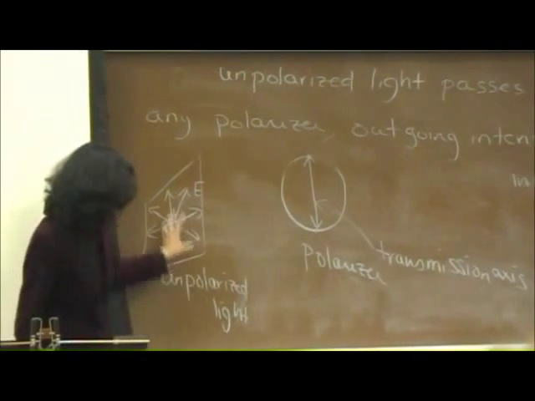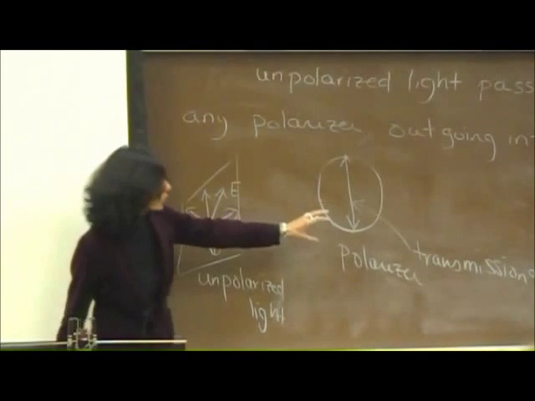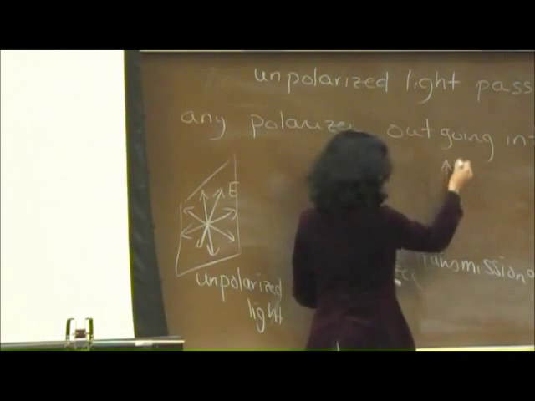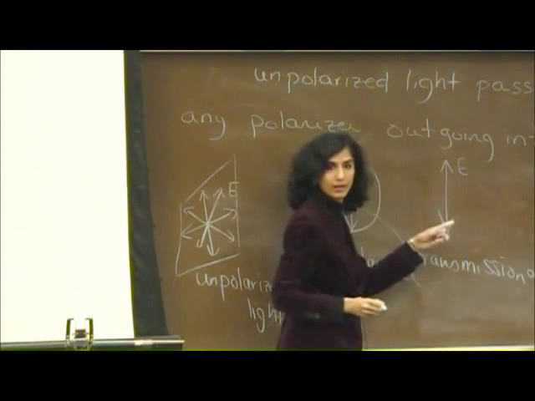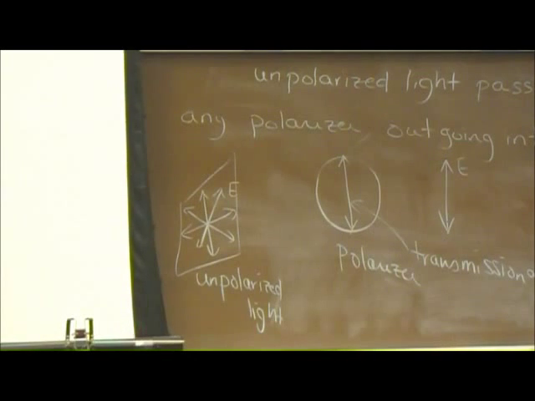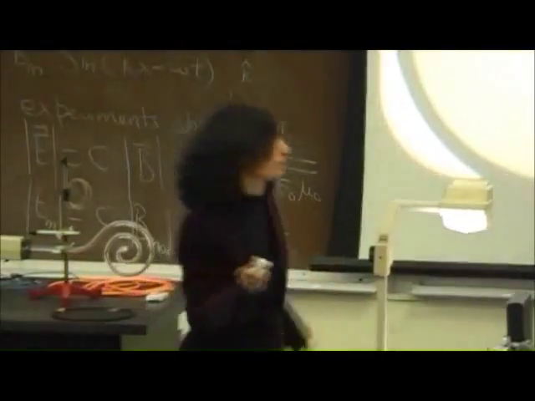So first of all, the light that comes out of this polarizer, which way will it be polarized? Will the outgoing light have its electric field like this? It will, right? This is another thing: the outgoing light's electric field will always be in the direction of the polarizing axis of the polarizer right before it, if it's not zero.